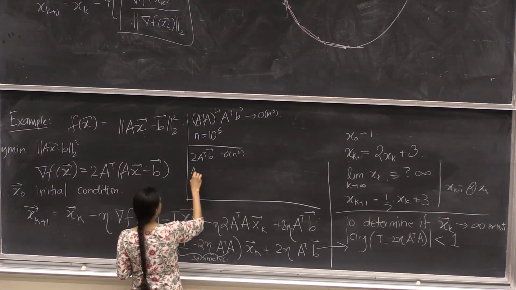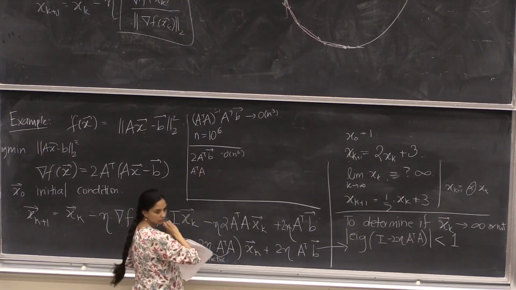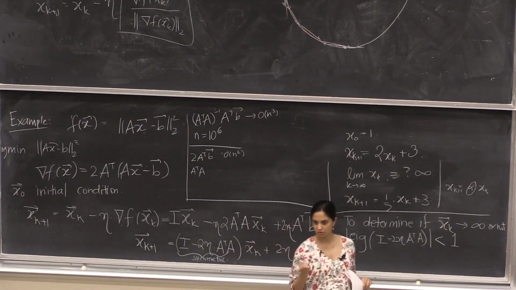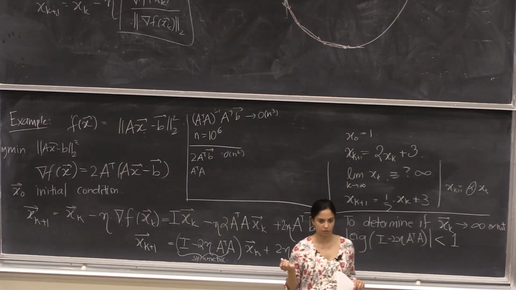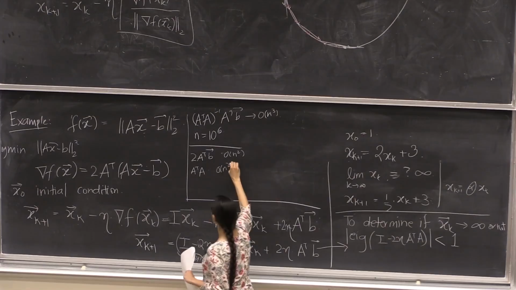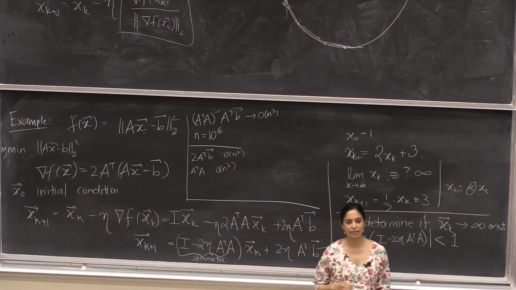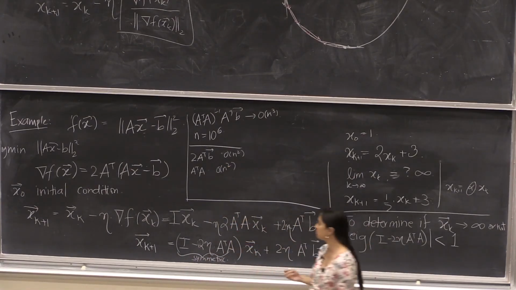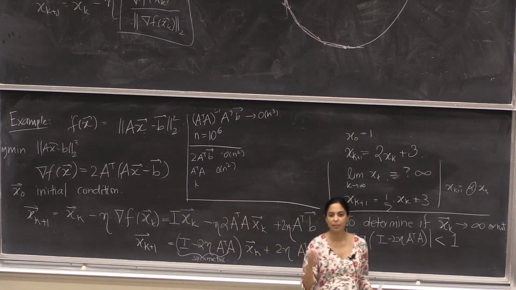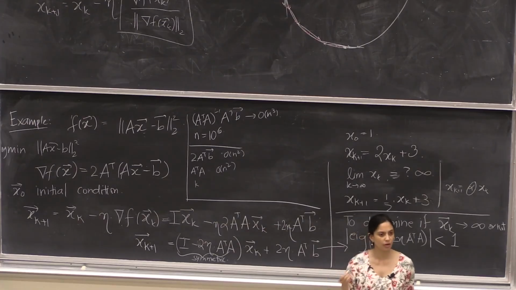And then I have to compute this A transpose A. And this matrix multiply is how many operations? Also on the order of n squared operations. It's cheaper than an inversion. So now let's say I'm taking k steps. Every time I compute a gradient, I have to do an order n squared operation.